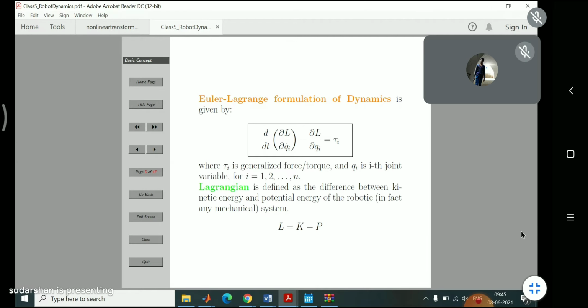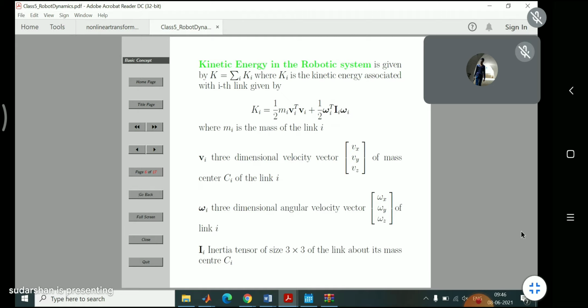So the final mathematical model will be of the form d by dt of the partial derivative of the Lagrangian with respect to the velocity of the joint variable, minus the partial derivative of the Lagrangian with respect to the joint variable, is equal to the torque or force applied at the ith joint, where the Lagrangian L is defined as the difference between kinetic energy and the potential energy of the overall robotic system. Any questions?